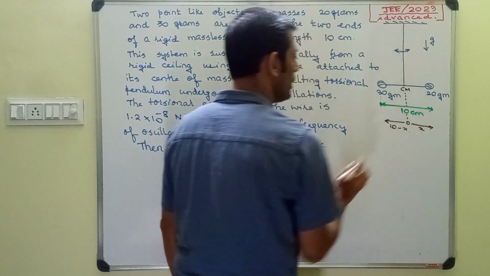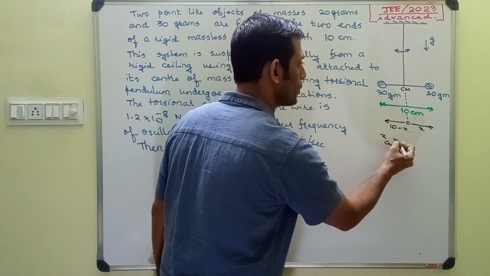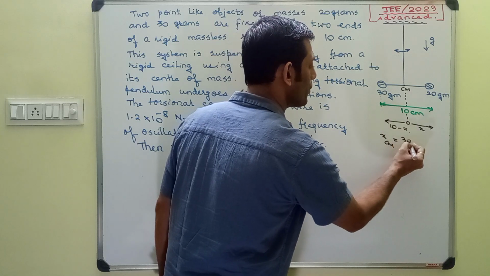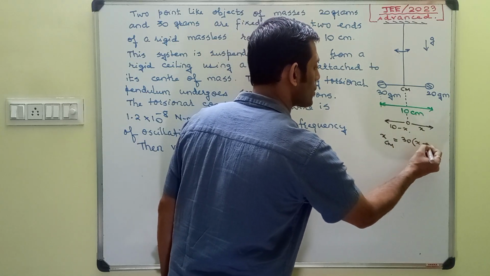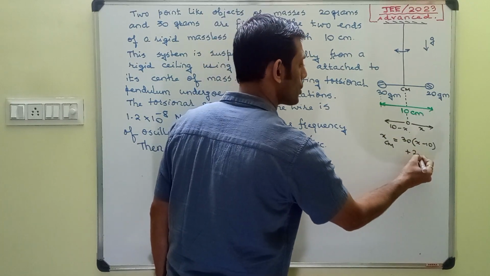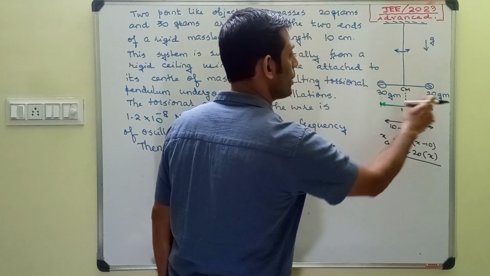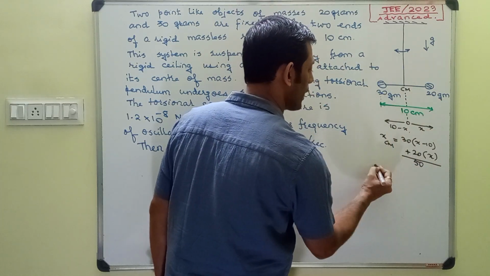10 minus x. Now center of mass calculation, x of the center of mass is equal to 30 into x minus 10, because this is to the left side, plus 20 into plus x, by 30 plus 20, that is 50 grams each.